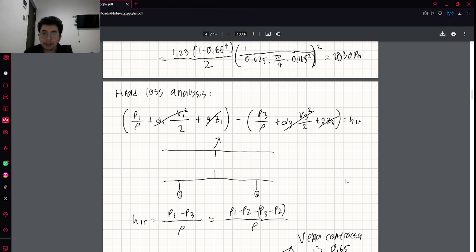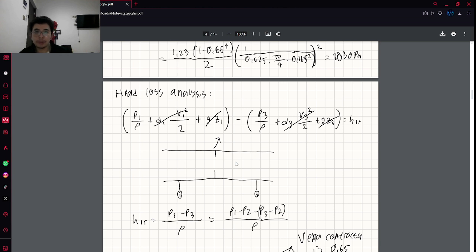Okay, then we do a head loss analysis. So we neglect this and this because the part we want to analyze is at this point and at this point. So the pipe conditions are all the same, but the fluid is different. After the fluid hits this part, there's going to be a head loss.